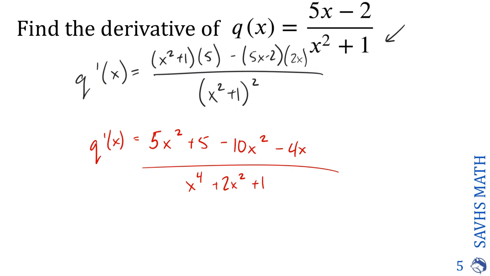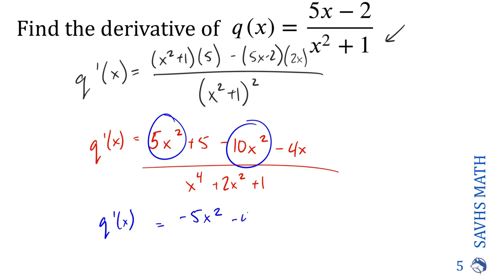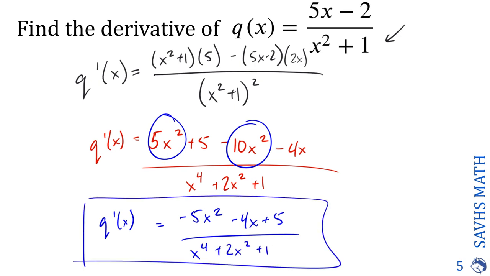There are a couple of like terms in the numerator, so we can add those. Q prime of x is equal to negative 5x squared minus 4x plus 5 all over x to the fourth plus 2x squared plus 1. Obviously, this is not an easy thing, and so have patience with yourself. It'll be all right.